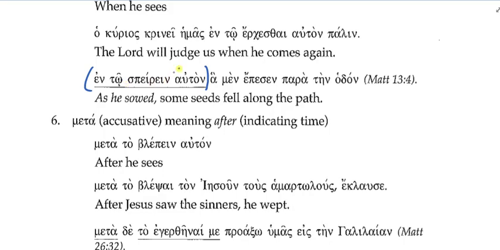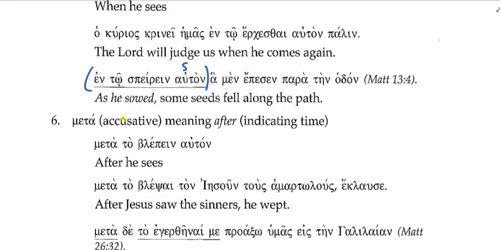It tells us when. When did some fall along the path? While, auton is my accusative subject, while he sowed, or when he sowed. In this case, he translates it as he sowed. But it's giving you a temporal setting, right? A time frame. These things happened when or while he was sowing.